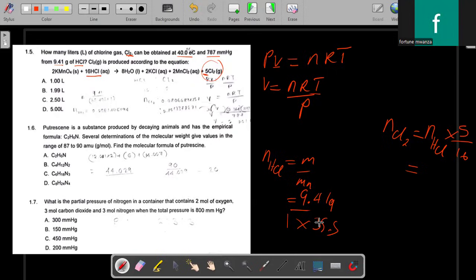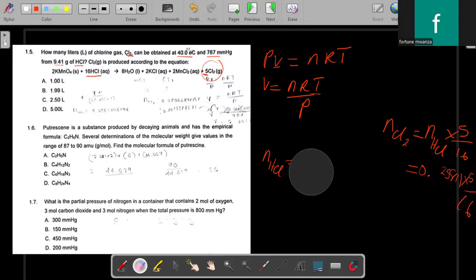So here I divide, and the number of moles there will be 0.25811. Then I multiply with my mole ratio, which is 5 divided by 16, so I simply get the number of moles for my chlorine gas.